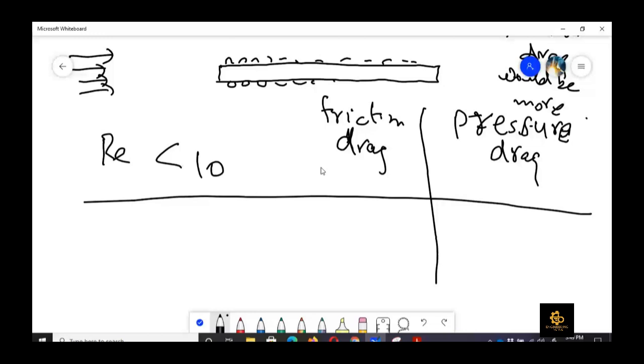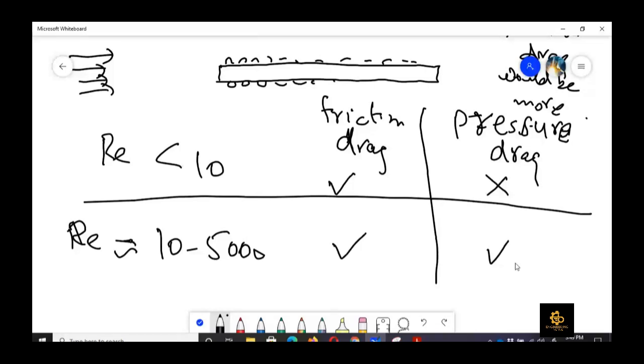When Reynolds number is in the range of 10 to 5,000, then we would have contributions from both friction and pressure drag. It means that both play a part.